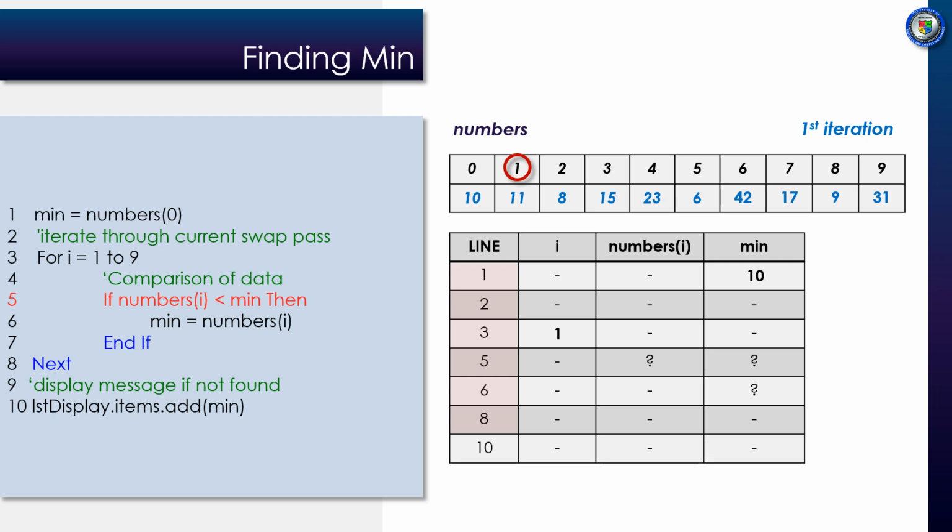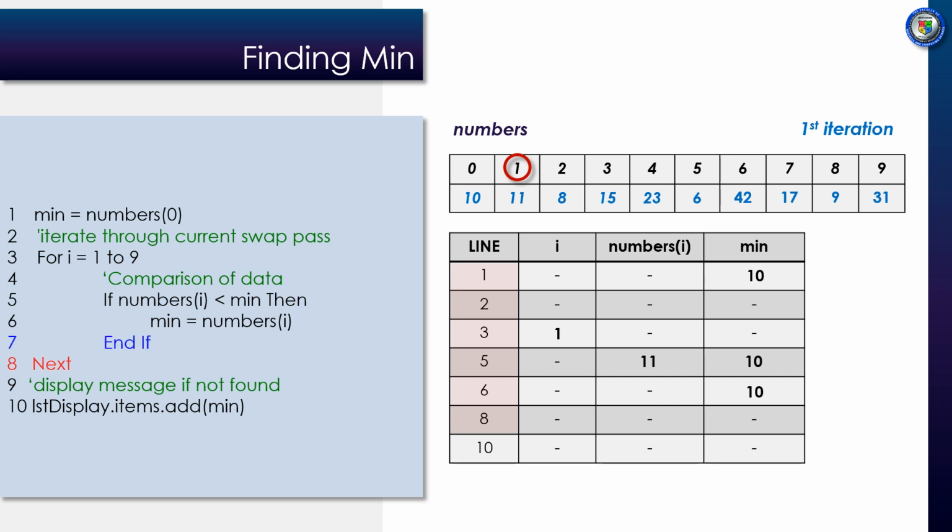If that is less than min, and min is set to 10, so in this case 11 against 10, then we would set min to that value. In this case it remains at 10 because that condition is not met.